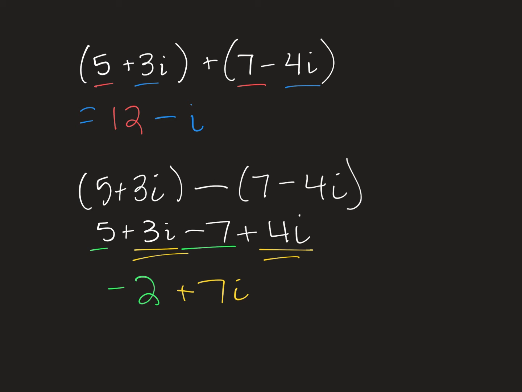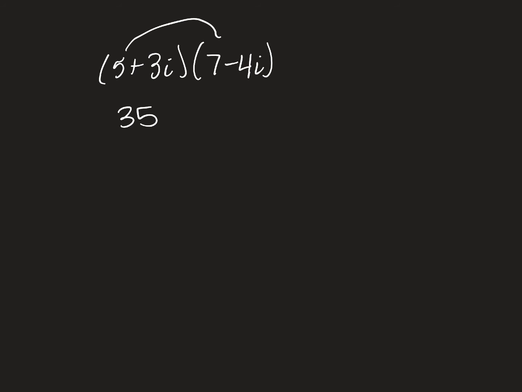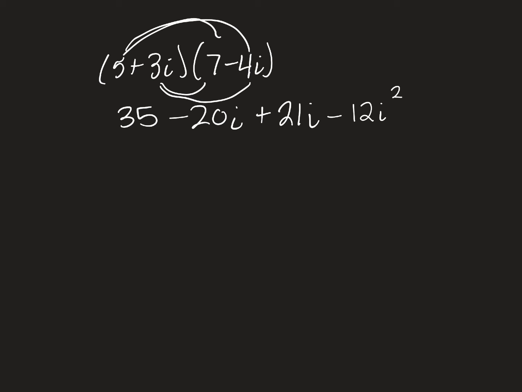All right, now multiplying, we're going to do everybody's favorite, FOIL. Yes, I'm just using the same complex numbers for all of these. All right, so FOIL. So 5 times 7 is 35 minus 20i plus 21i minus 12i squared.